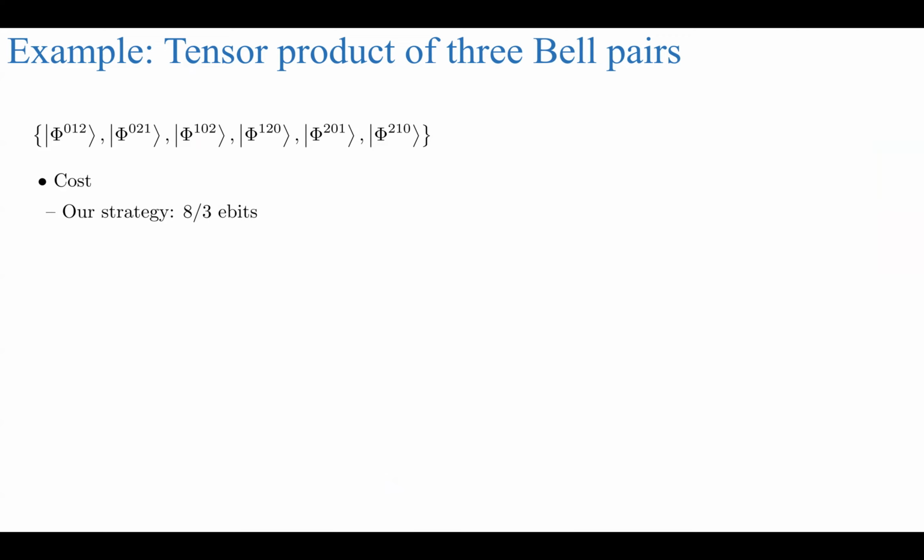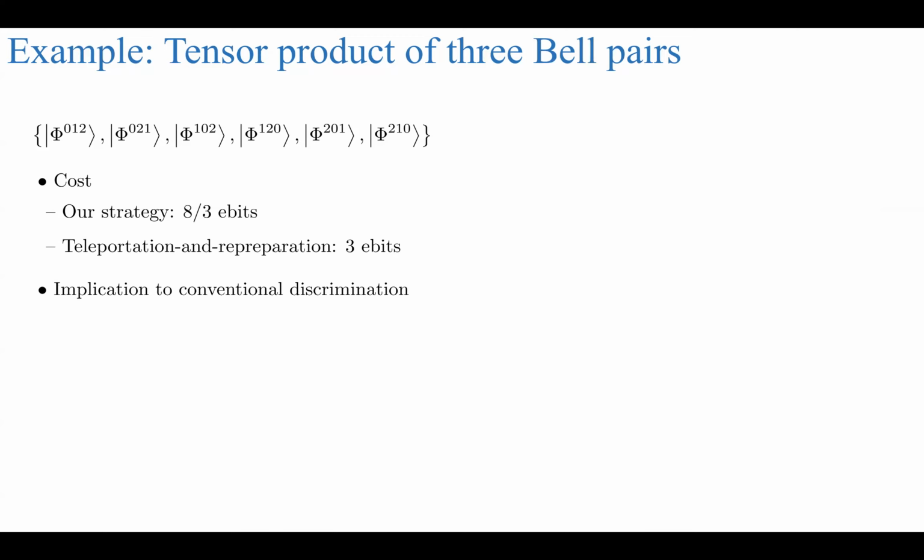I skipped it, but the cost of our non-destructive strategy is 8/3. But we prove that teleportation and preparation has a cost of 3 EBITs. So there's a 1/3 EBIT gap.